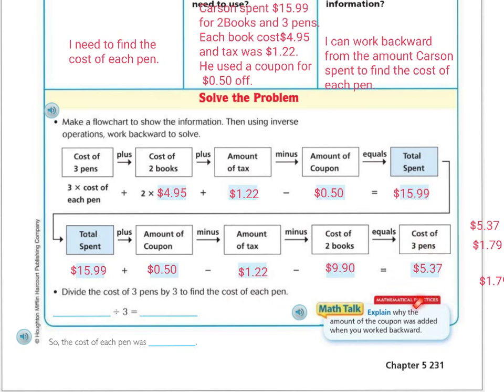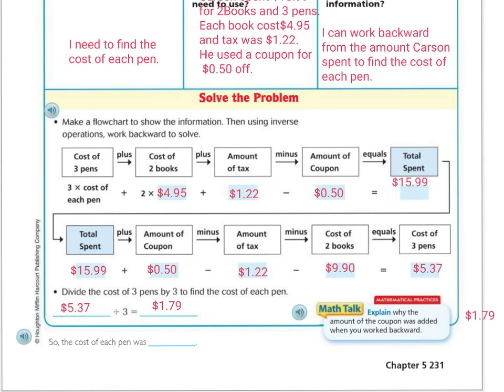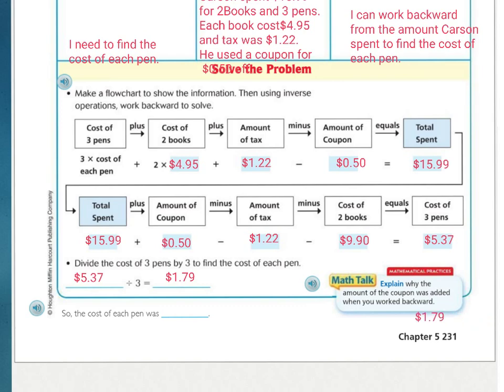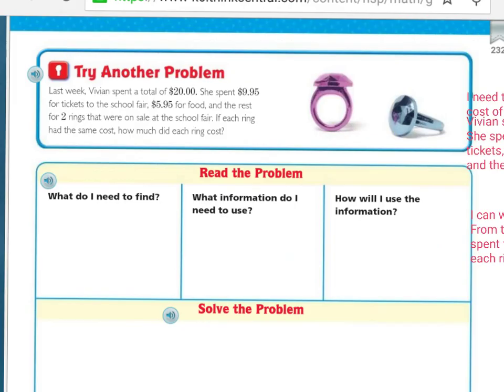So if the cost of 3 pens was $5.37, divided by 3, $5.37 divided by 3 is $1.79 if I were to do it out, okay? So the cost of each pen was $1.79.